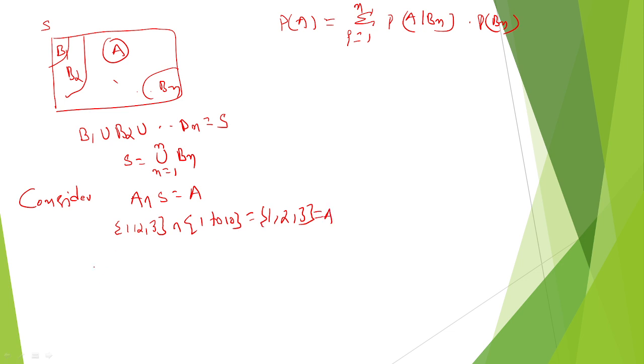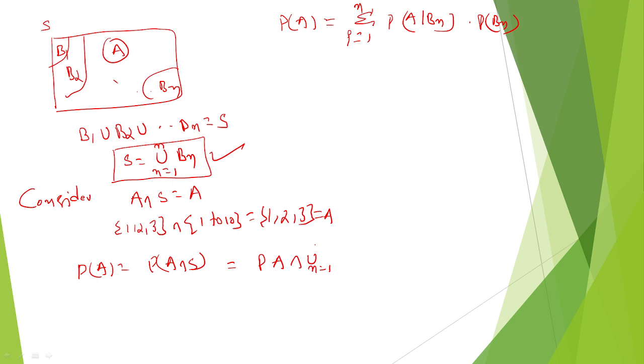So take the probability on both sides, then you can write P of A equals P of A intersection S. And S is what here? S is the union of i equals 1 to n of Bi. So P of A intersection the union of Bi, and taking the union outside, that can be written as sigma i equals 1 to n of P of A intersection Bi.